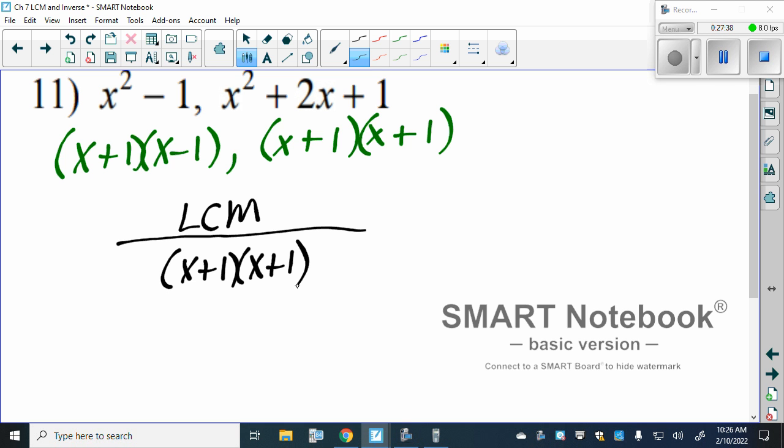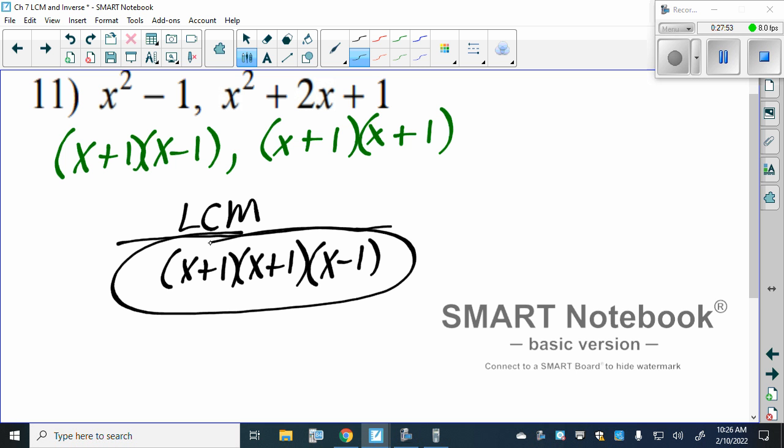X minus 1. Because we do have an x plus 1 to satisfy the first one. We're just missing the x minus 1. And that's it. And that would be the least common multiple. Questions on this here?